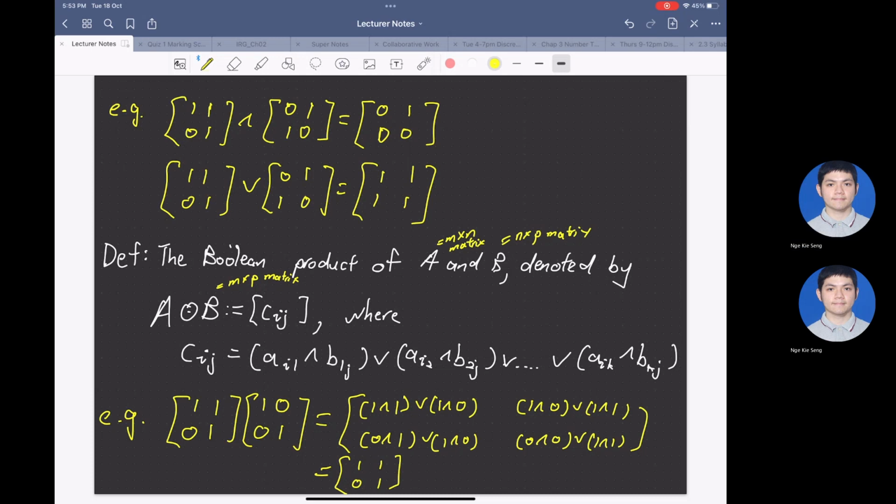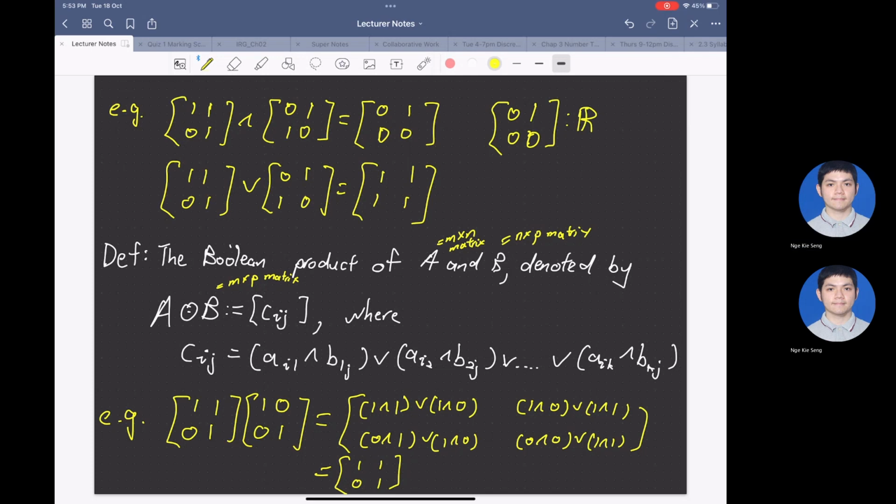Check my answer. Why do we want to organize these Boolean numbers into a matrix? Because sometimes you have different dimensions. A matrix is actually a function.